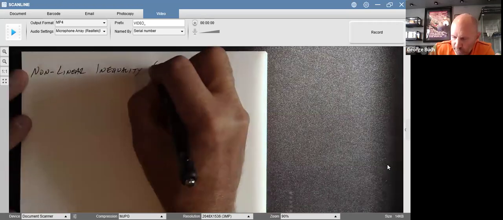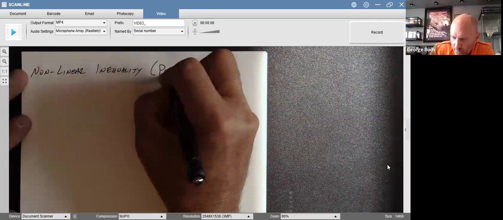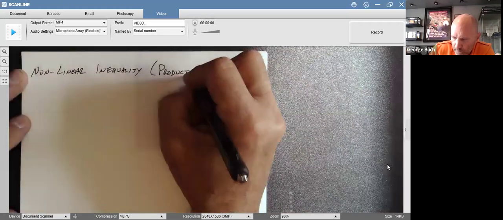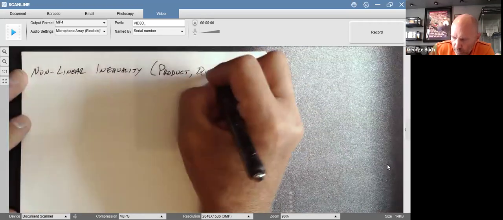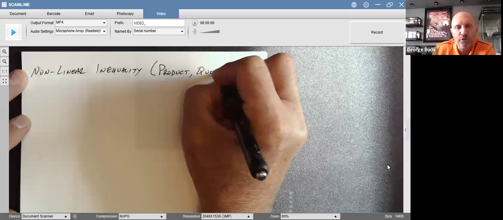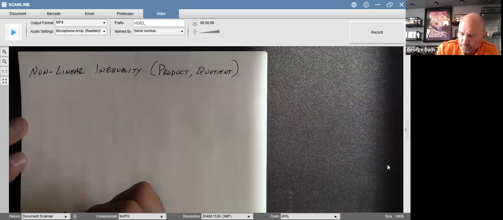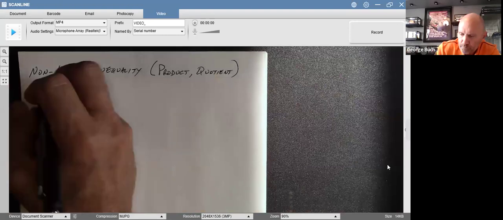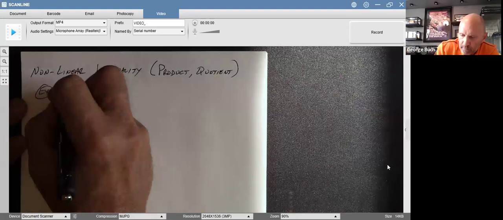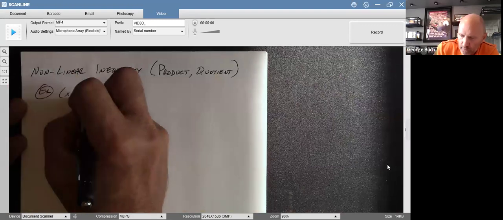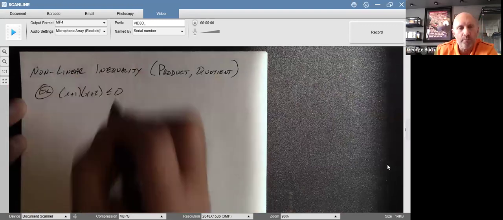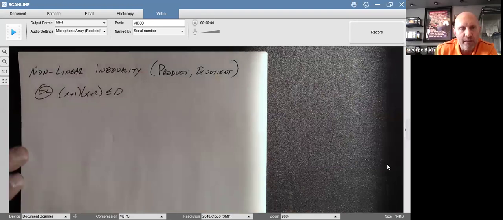This is basically when we have a product or a quotient. We have things multiplied by each other, or divided by each other. For example, we could have x plus 1 times x plus 2 is less than or equal to 0. This is a nonlinear inequality.